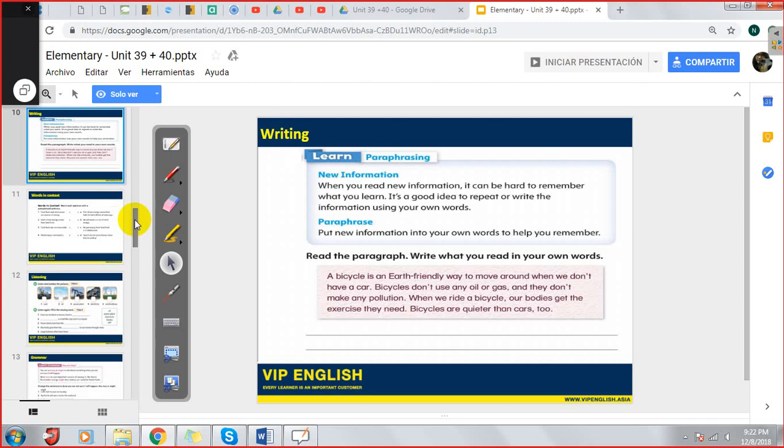We can easily use a bicycle without using any oil or gas. And plus, bicycles are quieter than cars. Okay, I finish.